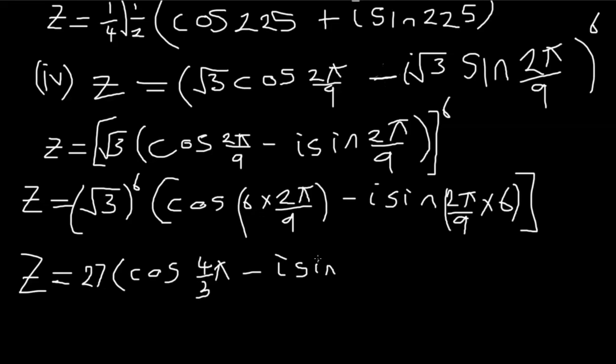Again, you multiply 2 pi times 6 divided by 9, and you get 4 over 3 pi again. So this is going to be your answer for question 4.